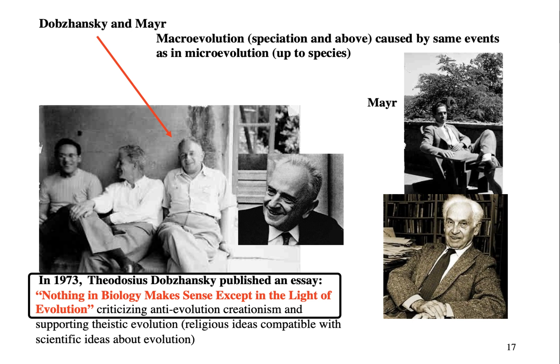Furthermore, in 1973, Dobzhansky stated that nothing in biology makes sense except in the light of evolution, which essentially criticized the anti-evolution creationism thoughts, which have recently been updated into something called intelligent design. So he would be criticizing that as well.